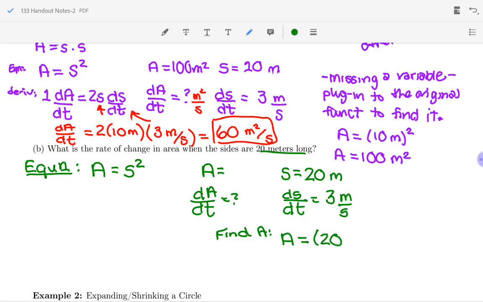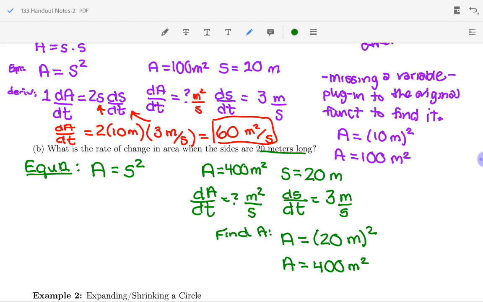So 20 meters gets squared. So the area, 2 squared is 4. So 20 squared is going to be 400 meters squared. So we can fill out everything except for the one rate we're solving for. And this dA dt is going to have the units with A, which is meters squared, over the units for time, and this one is seconds.